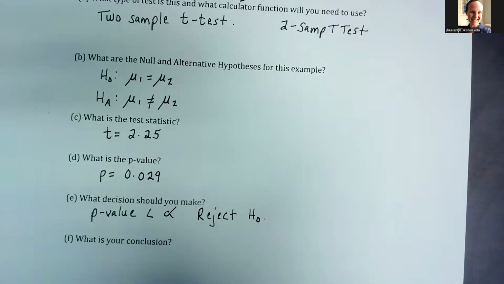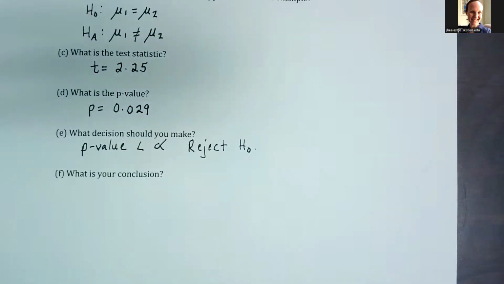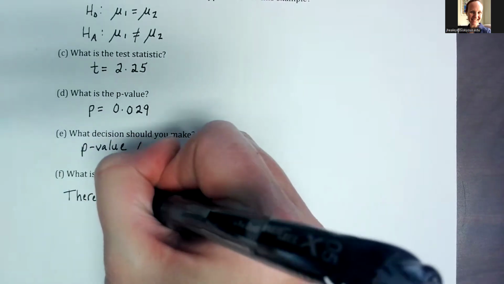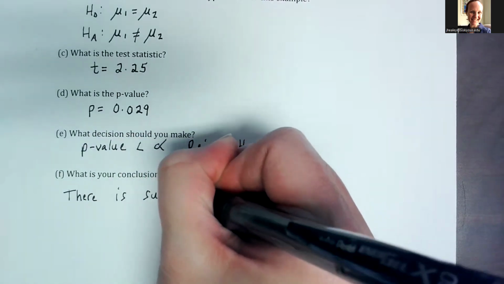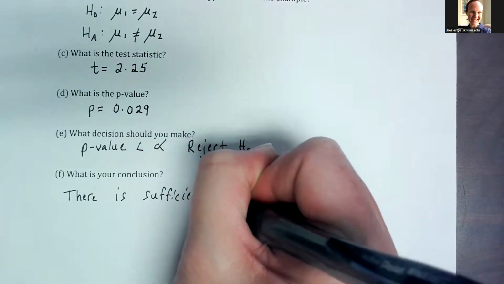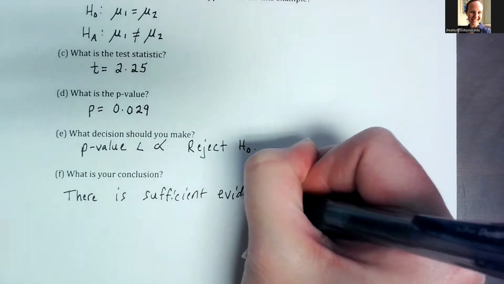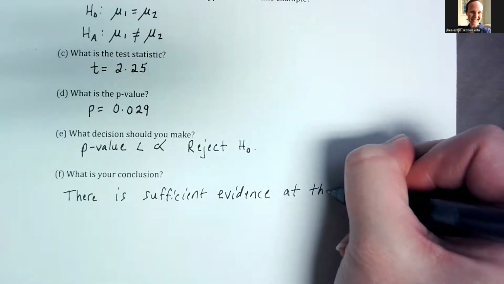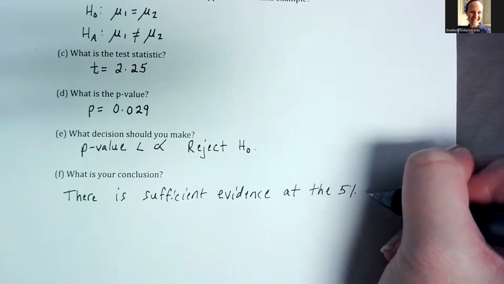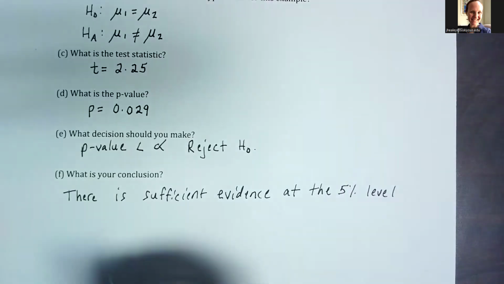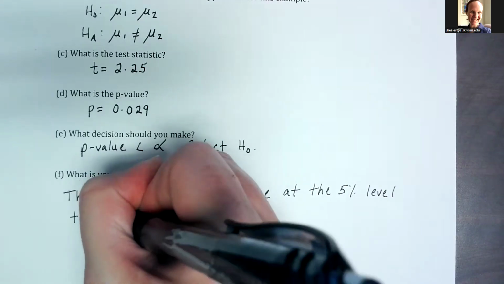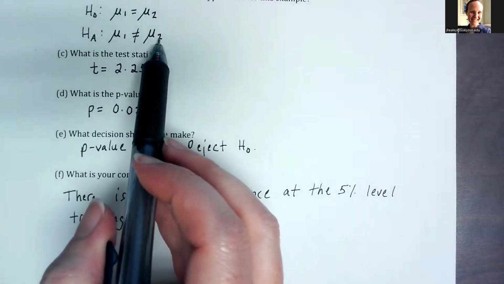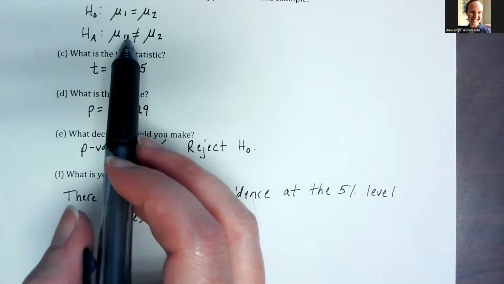So with a reject, our conclusion is going to be there is sufficient evidence at the 5% level to suggest, and then we go look at what we said was our alternative hypothesis, that there's a difference in the two means.